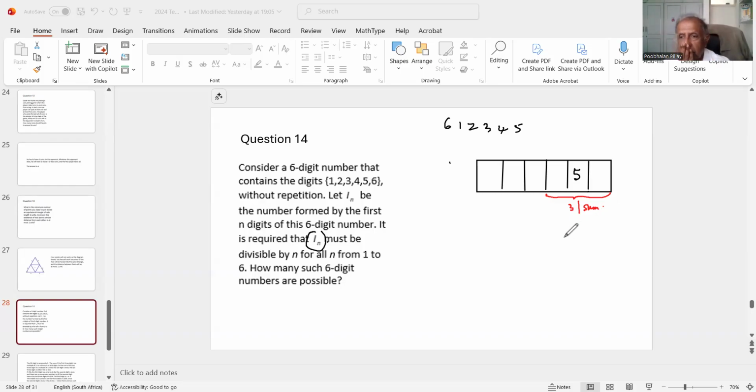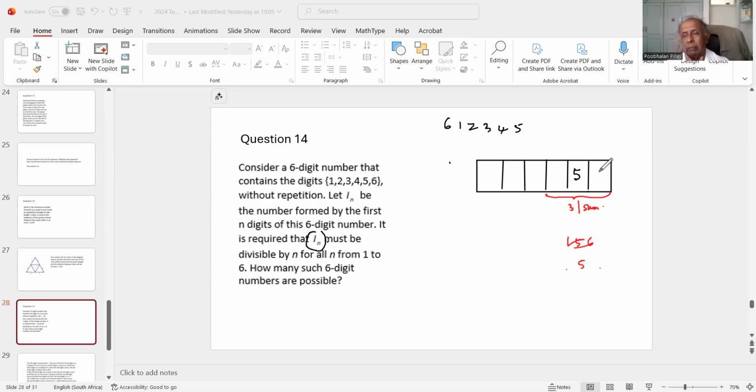You could have 1, 5, 6. Right. So if 3 is a factor of the whole thing, the sum of the other two can be 6. So if it is 6, let's do that. These two add up to 6. No, wait a minute.